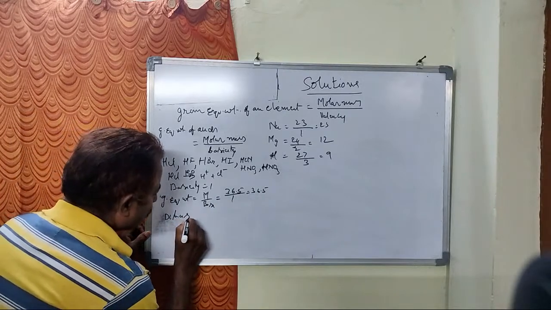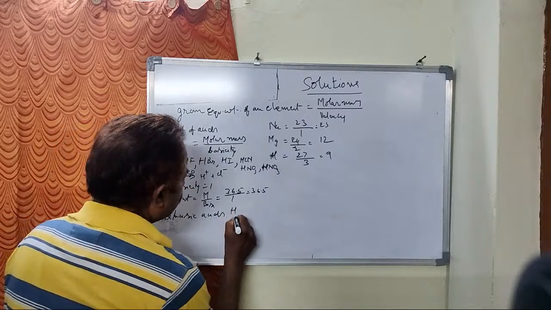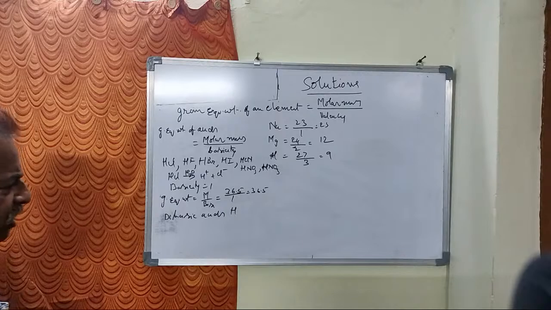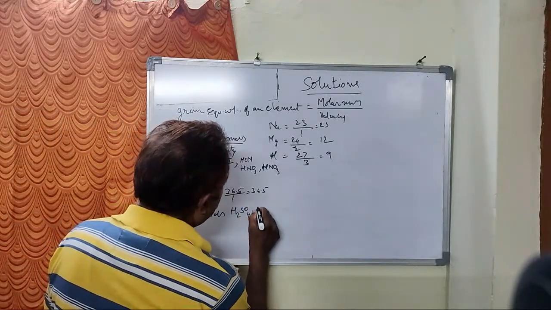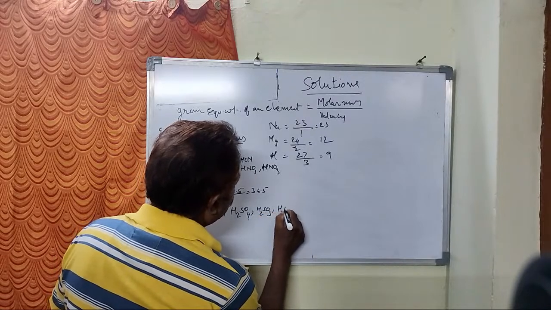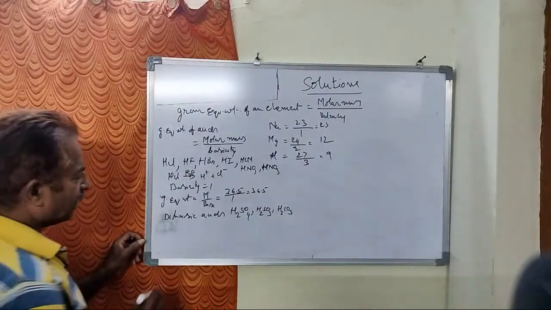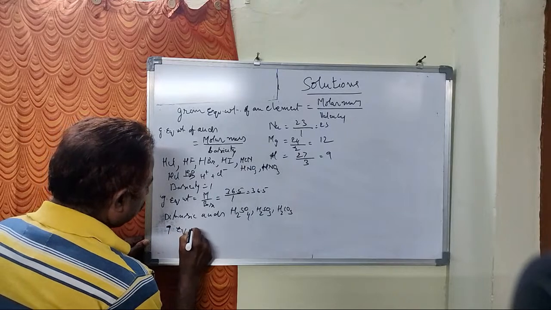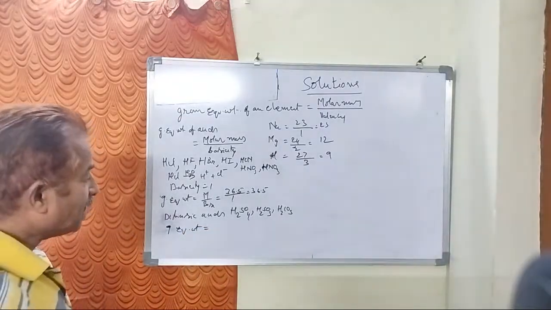Now, let us see dibasic acids. What are dibasic acids? Those acids which have two replaceable H plus ions, that is H2SO4, H2SO3, H2CO3. All these are dibasic acids. Now, gram equivalent weight equals molar mass by basicity.